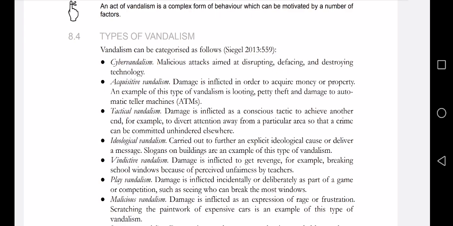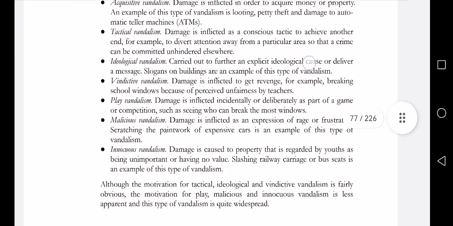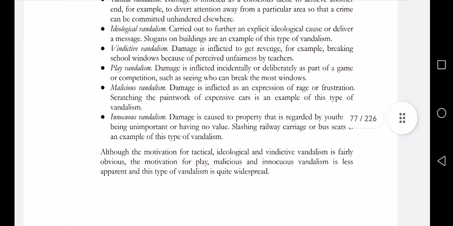Vindictive vandalism: damage is inflicted to get revenge, for example, breaking school windows because of perceived unfairness by teachers. Play vandalism: damage is inflicted incidentally or deliberately as part of a game or competition, such as seeing who can break the most windows.